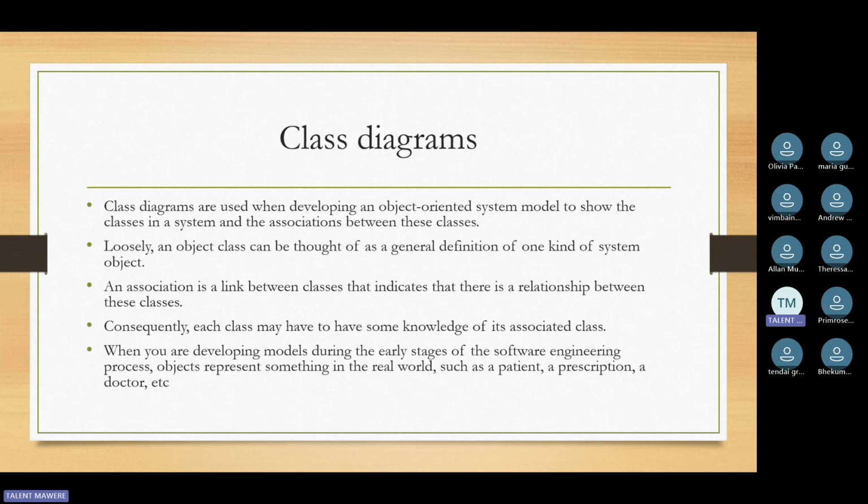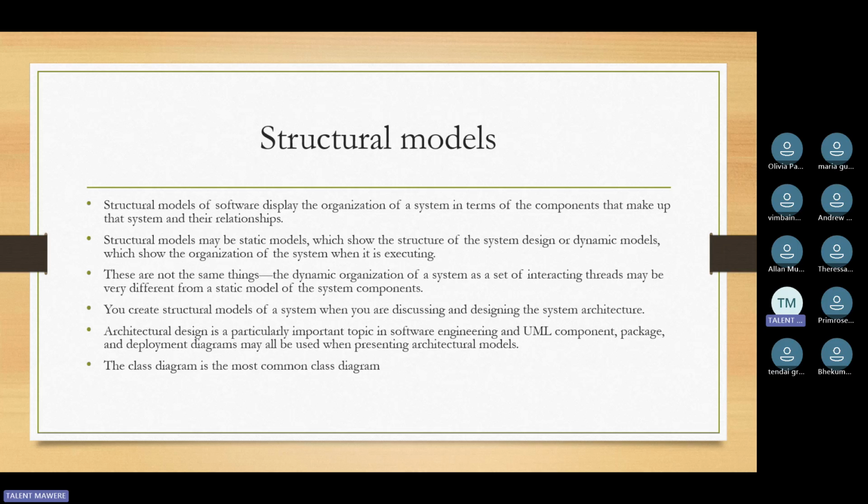We discussed that there are several perspectives of a system that can be modeled: the behavioral perspective, the structural perspective, and so forth. About 4 perspectives of a system can be modeled. And we were now on structural models.